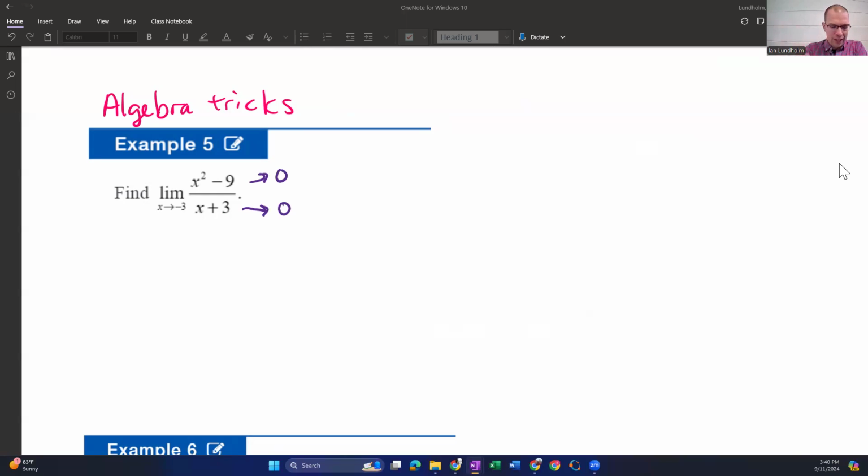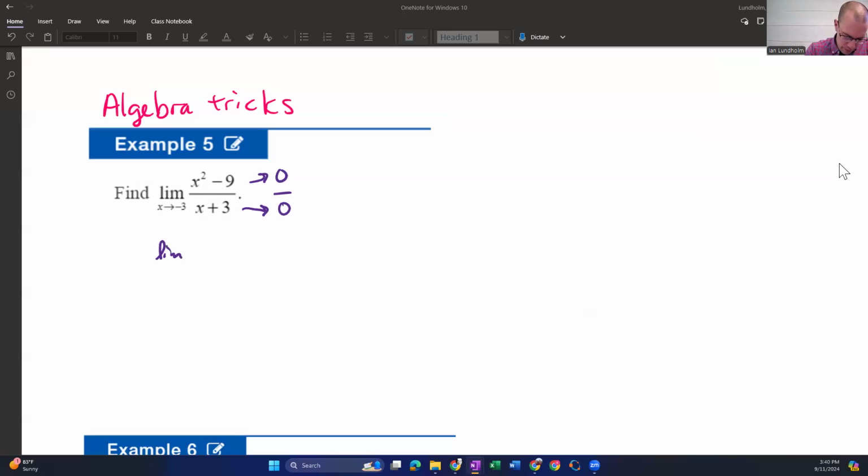And getting a fraction like 0 over 0 is indeterminate. It doesn't make sense. There will be a different strategy that we learn later on called L'Hopital's rule that will be applicable in this kind of scenario. But for right now, we're going to factor to get rid of this discontinuity, or this repeated factor that we don't need.